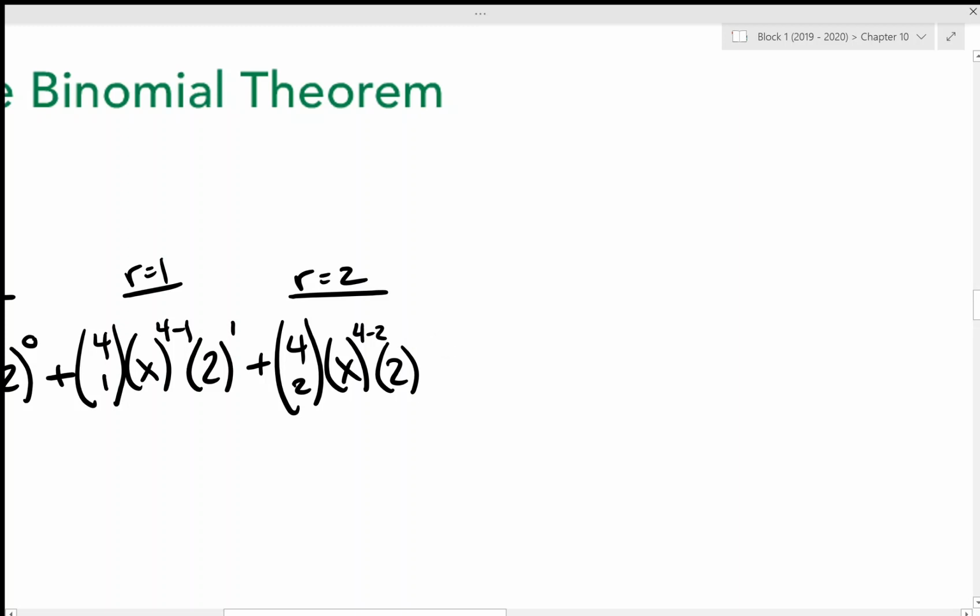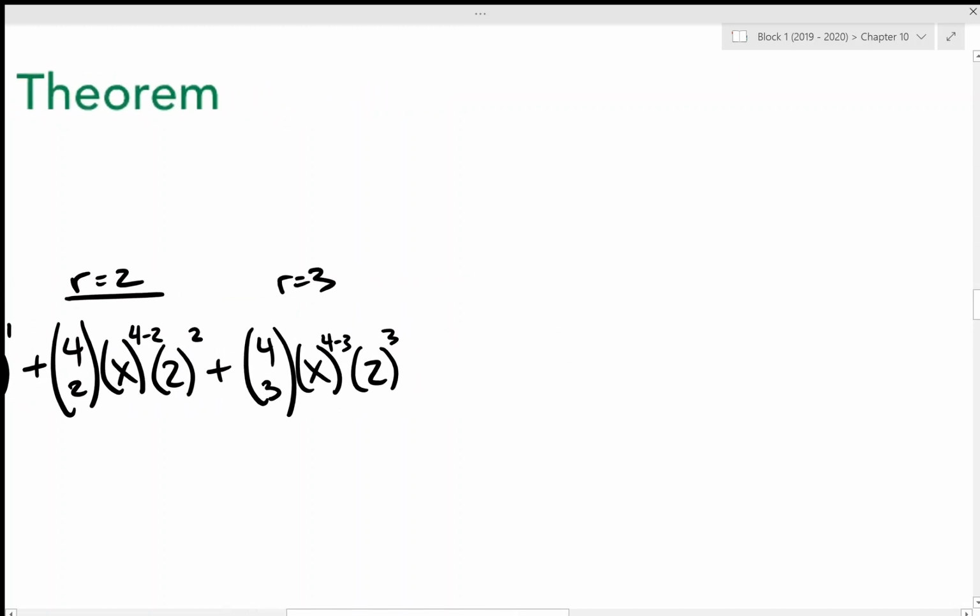The only thing that's changing within this is the R. Plus, now an R of 3, 4 above 3, x to the 4 minus 3 power, 2 to the 3rd, and then last, 4 above 4, x to the 4 minus 4 power, and 2 to the 4th.